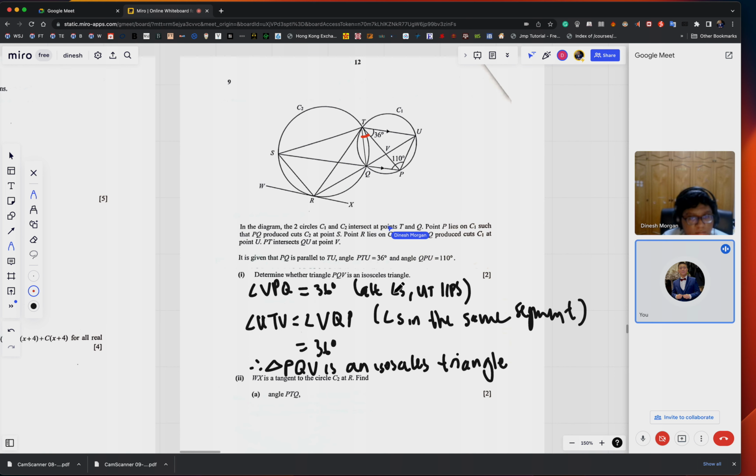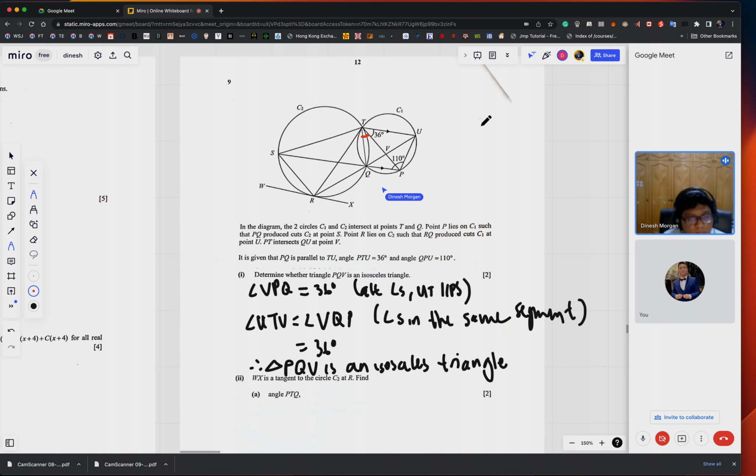How do you prove the 110 is equal to the opposite one? Because the points all touch the circumference. Yes, that's the cyclic quad.